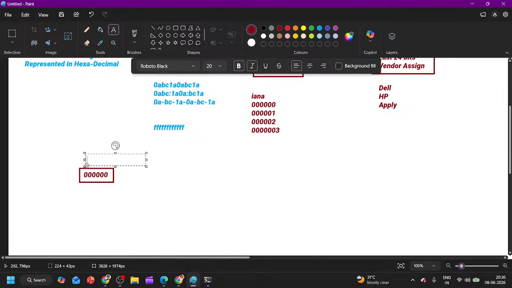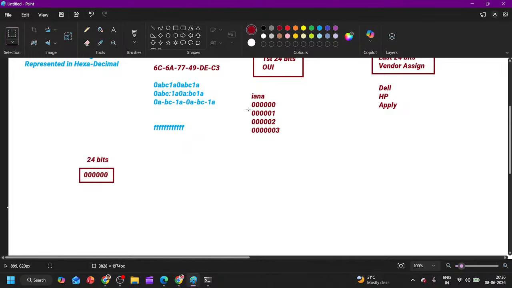This is the first 24 bits. This is reserved, right, for Dell. But the question is, when does Dell need to purchase another OUI, because now there is no free space available? How many MAC addresses can be designed with the help of one OUI? Similarly, this can be the OUI of HP.